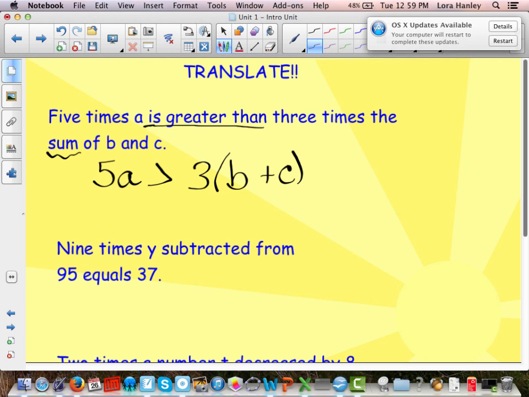Next, 9 times y, 9y, subtracted from, so when you subtract something from, that should come second. 95 minus 9 times y equals 37.